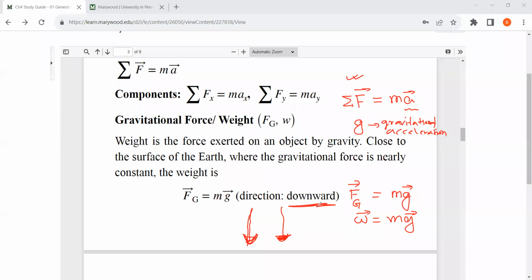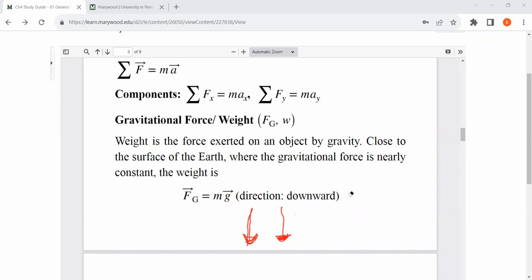So remember that it's a special force, and we already know that its direction is downward, always downward.